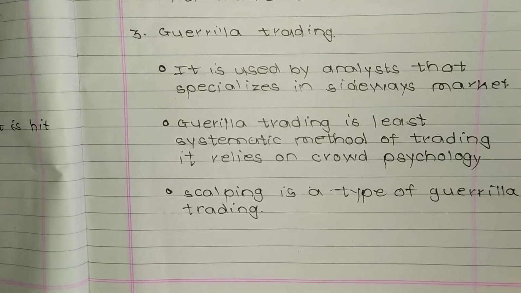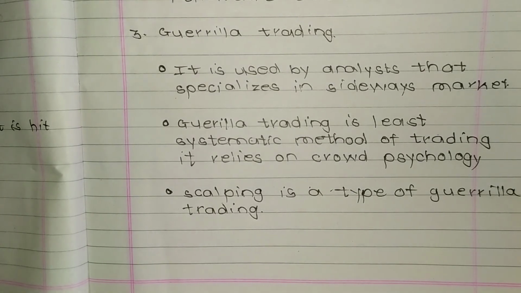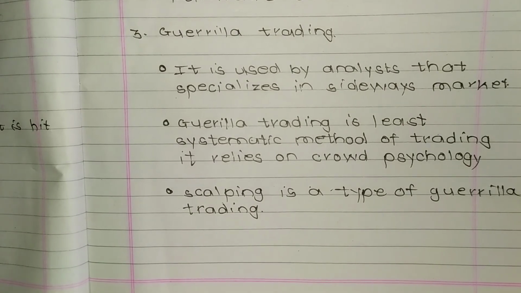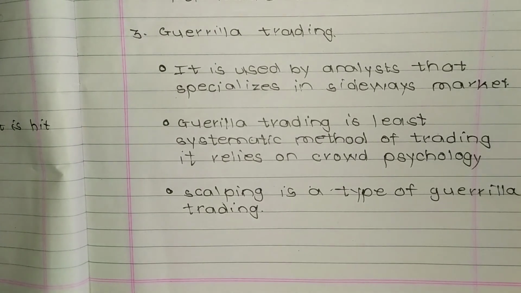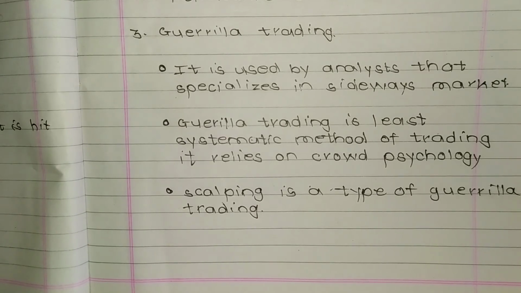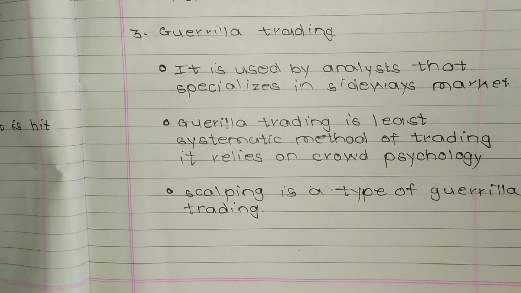So guerrilla trading is like a surprise event, a very unreliable way of looking at trading. It is used by analysts that specialize in sideways markets, that means it is used in sideways markets only. Guerrilla trading is the least systematic method of trading. It relies on crowd psychology.